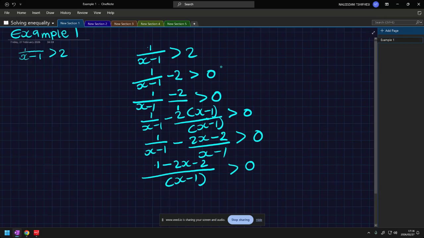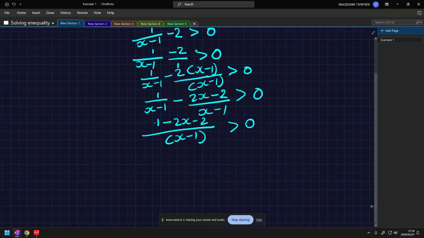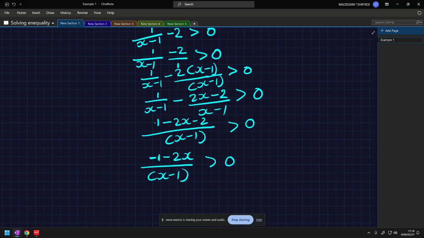Then let's plug it there. So we're gonna now have minus 1 minus 2x over x minus 1. Oh, actually we made a mistake there.